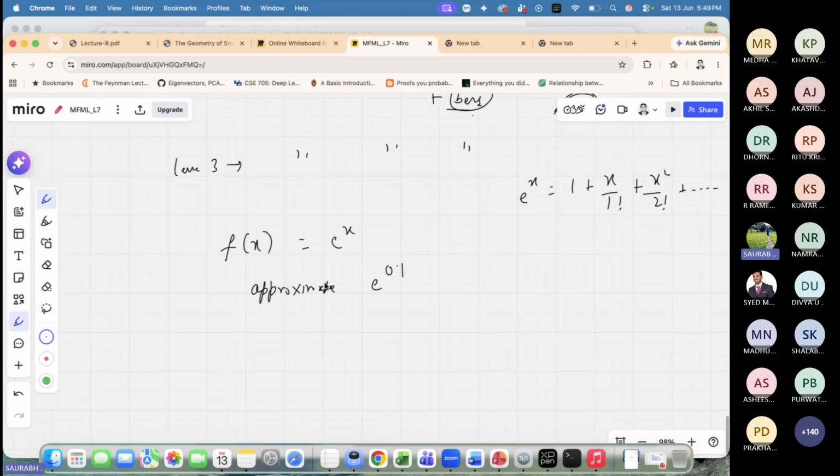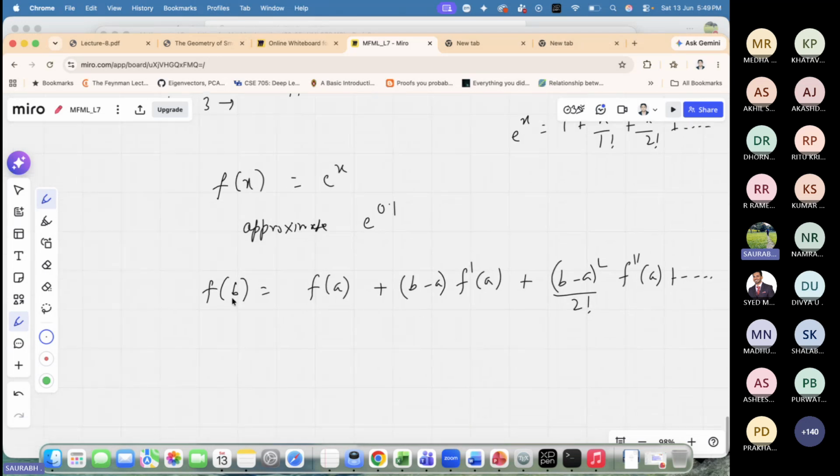So the very first thing is you already know that the function's value at a new point b is equal to f of a plus (b minus a) f dash a plus (b minus a) whole square by 2 factorial f double dash a plus and so on. You already know this, right? So let's say b is that new point, which in this particular case is x. So you can write f of x is equal to f of a plus, and you already know that e to the power 0 is equal to 1.